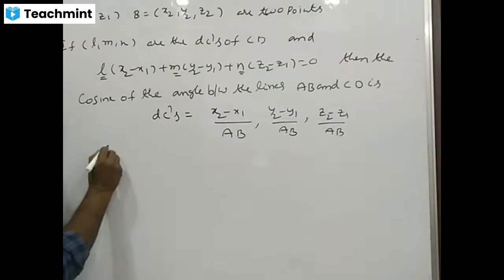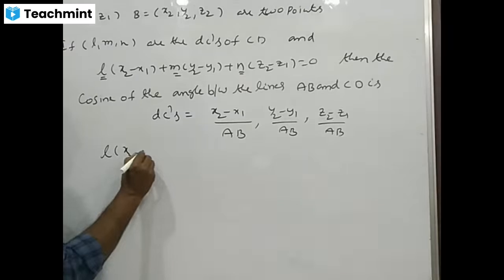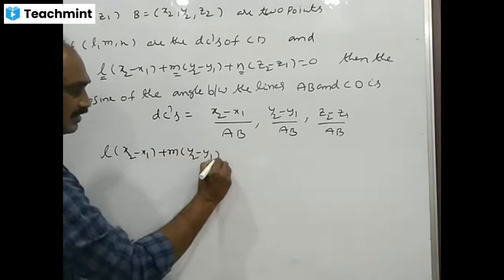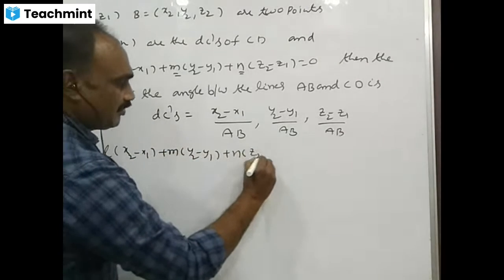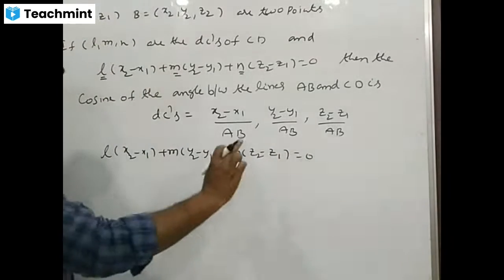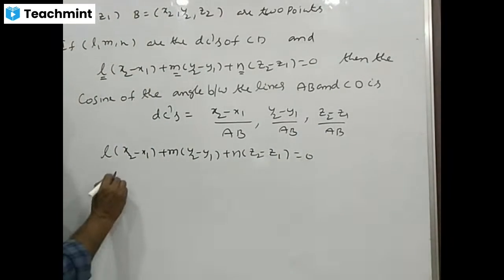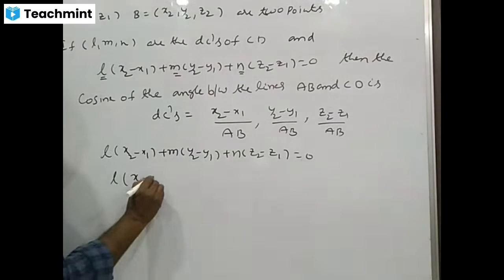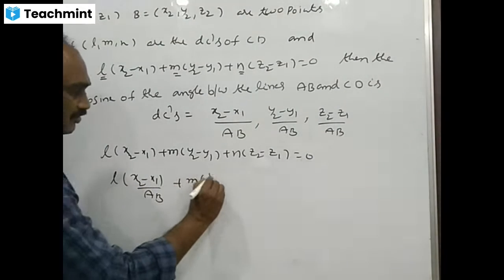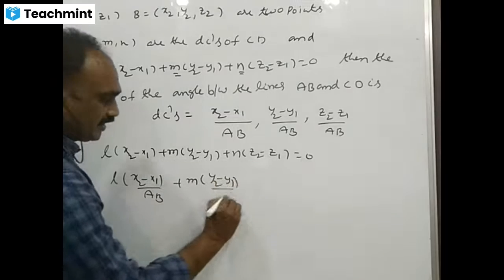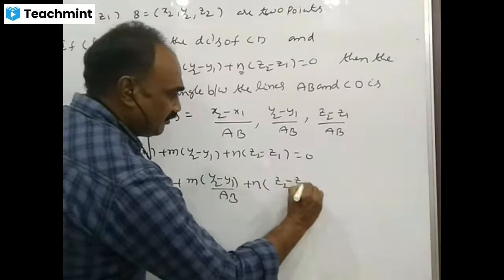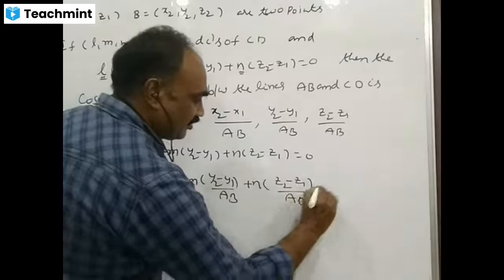Here, given l into (x2 minus x1) plus m into (y2 minus y1) plus n into (z2 minus z1) is equal to 0. Friends, dividing by AB on both sides: l into (x2 minus x1) by AB plus m into (y2 minus y1) by AB plus n into (z2 minus z1) by AB is equal to 0.